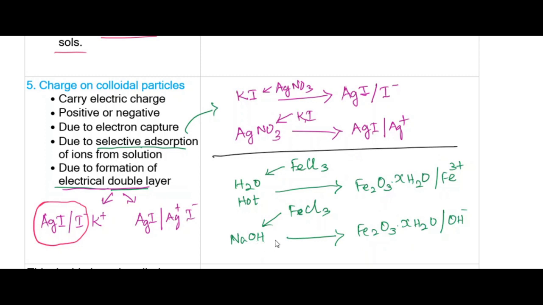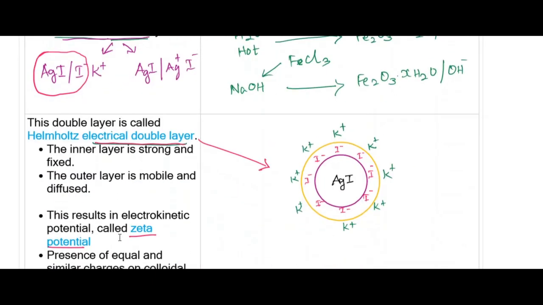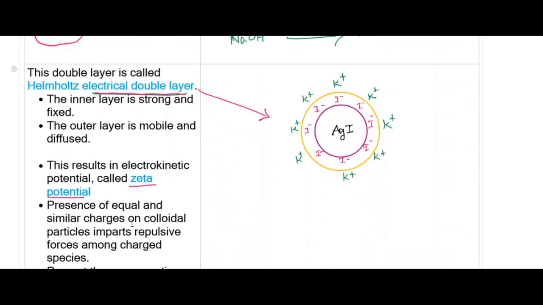Similarly, when you take sodium hydroxide and add ferric chloride, it forms hydrated ferric oxide with hydroxyl anions adsorbed over it, and thereby it results in anionic colloidal particles. Do you understand? As I already mentioned, it forms a double layer because of the counter ion.